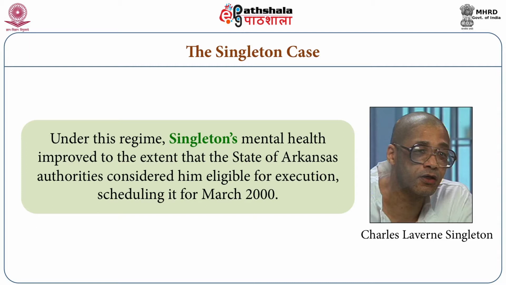Now you have to realize that in order to be executed, you need to be competent and sane. At least that has been the prevailing norm, although certain Supreme Court cases have determined that the bar for deciding who is competent can be determined very laxly. In other words, mentally retarded people might be eligible for execution, while mentally ill people might not be eligible for execution.